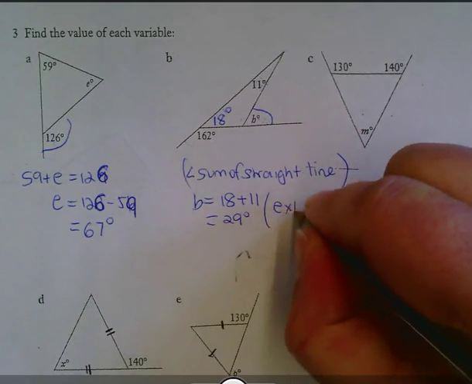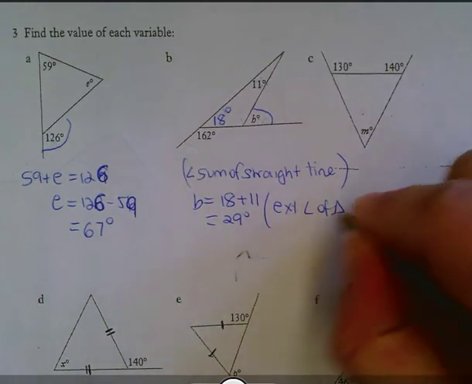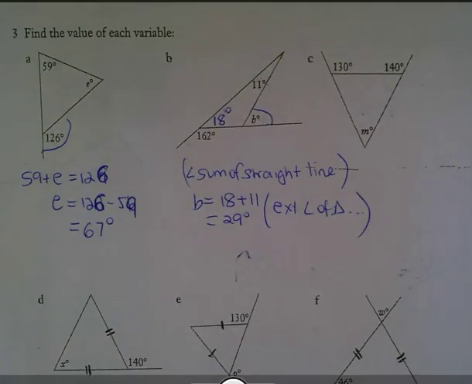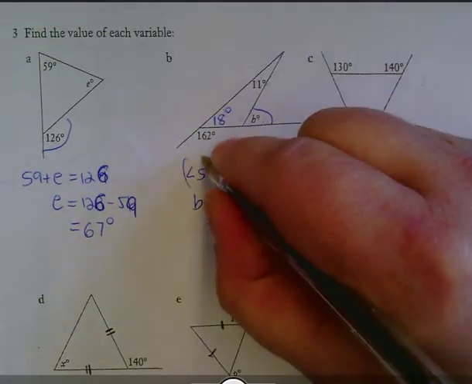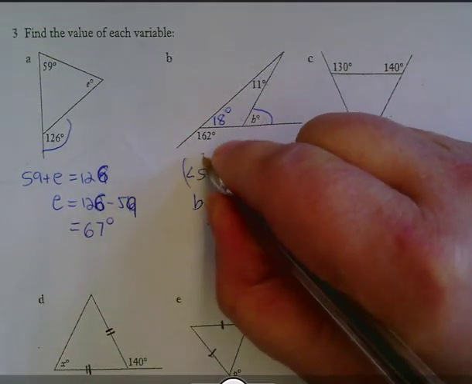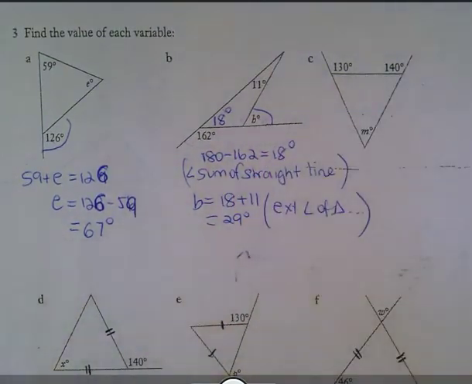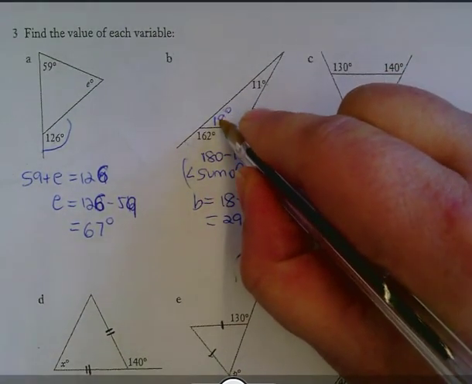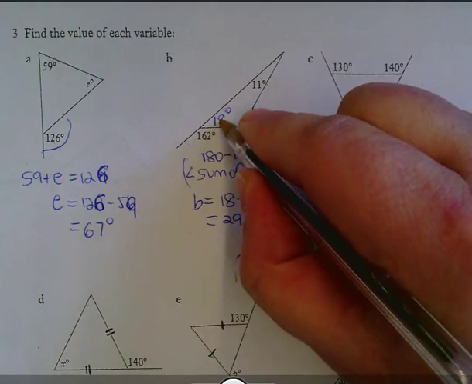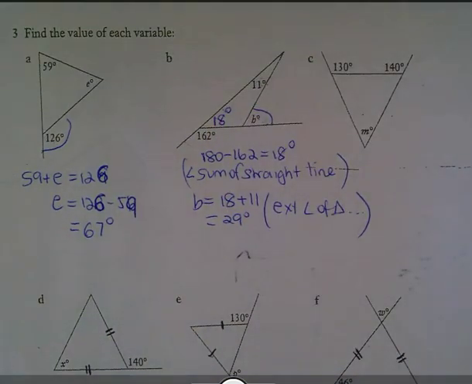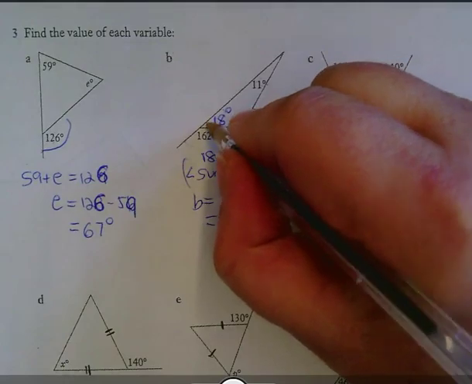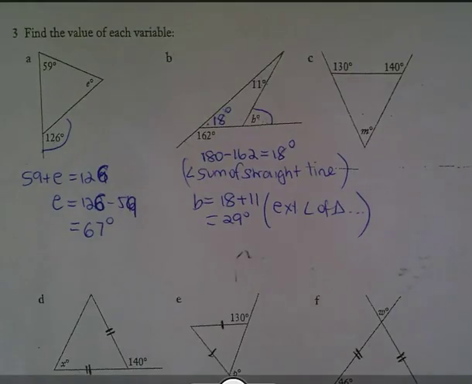I'm just going to put exterior angle of triangle, etc. The reason for 18 was 180 minus 162. You can put another pronumeral there if you want and call it A or an X. You're allowed to make up your own pronumeral where you need one in the diagram.